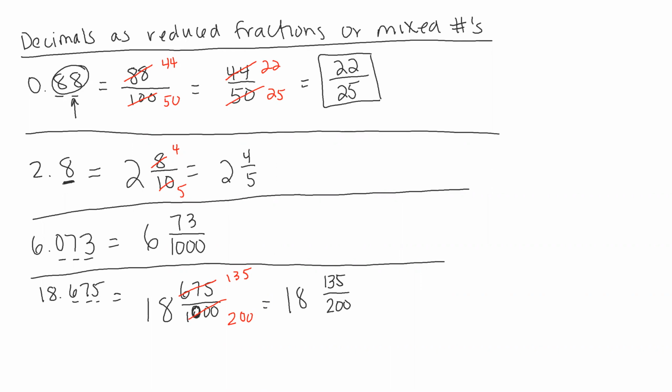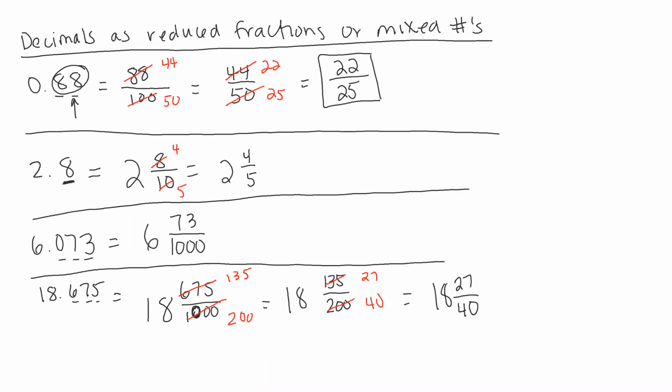So let's see, 135 and 200 end in zeros and 5s, so they're both divisible by 5. 135 divided by 5 is going to be 27. 200 divided by 5 is 40. Now, 27 has factors of 27, 3, and 9. None of those go into 40. So at this point, you are reduced.